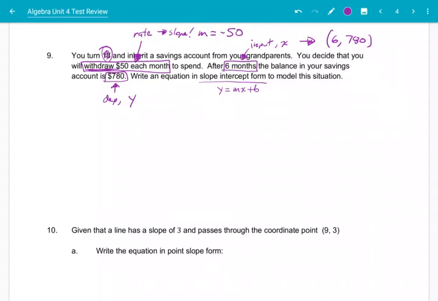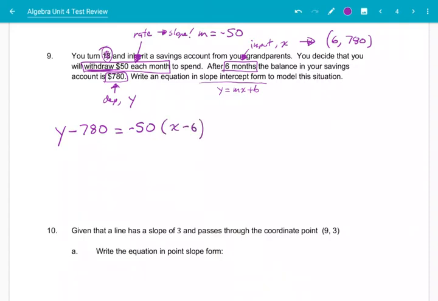This is one of the points that would be on the graph. So we have a rate, a slope, and a point. So we can put it into point-slope form pretty easily. That'll be y minus the y value, but we need to change the sign. It was positive 780, now it's minus 780, equals the slope, which is minus 50, and then x minus 6.